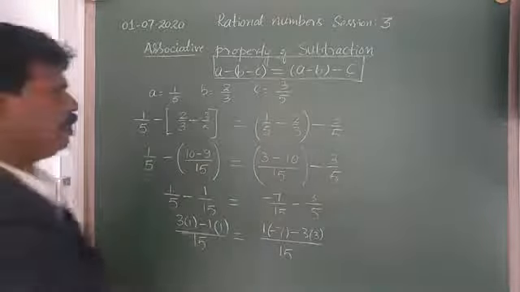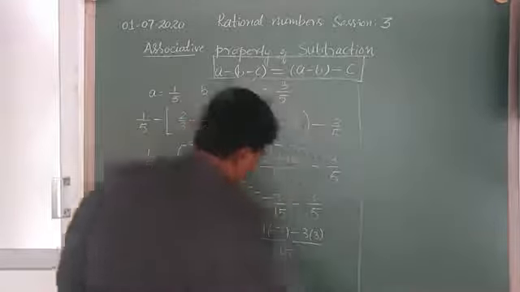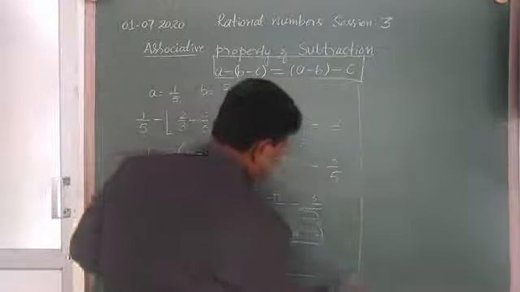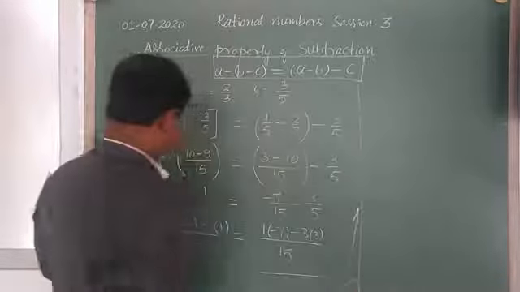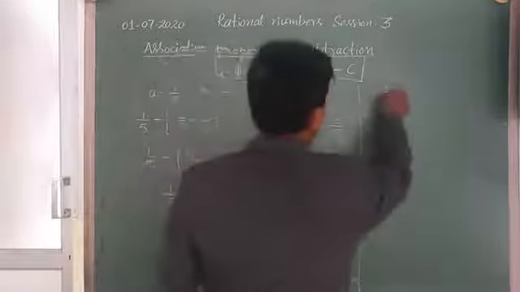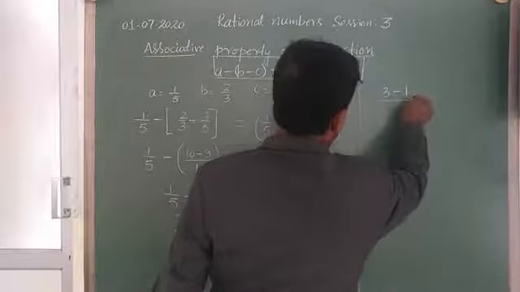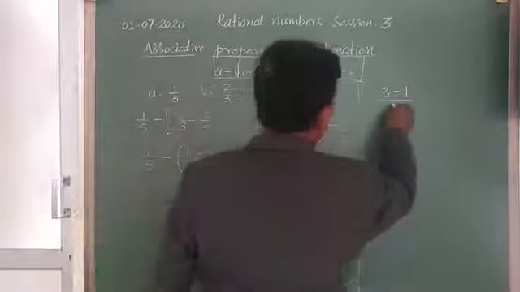Clear? Now I am continuing here on this side. 3 minus 1 ones are 1, and 15 ones are 15.